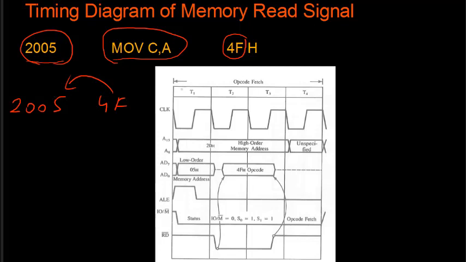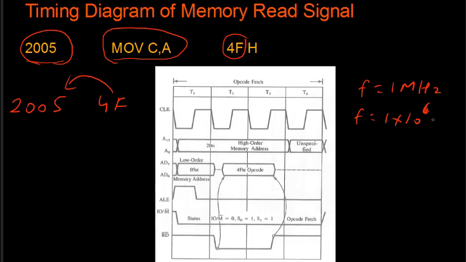Here in this diagram we have T1, T2, T3, T4. They are also called the T states. What is a T state? One T state is equal to the time period of that particular clock. So if we have a clock of frequency 1 megahertz, then the frequency is 1 into 10 raised to 6 hertz, because mega is 10 raised to 6.